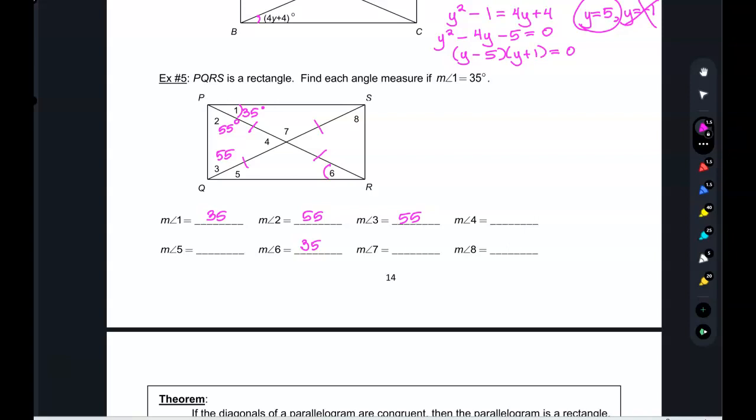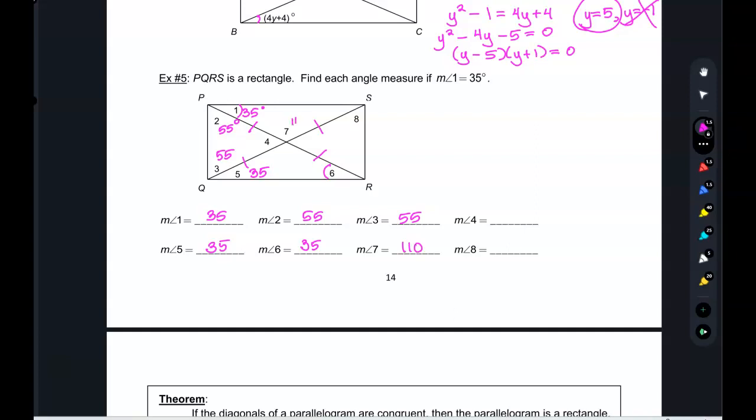And then what else? 5 is 35. And so then 4 has to be 70. Yeah, so now inside the triangle, we know it has to add up to 180. So these add up to 110. So 7 is 110. 8 is 55.